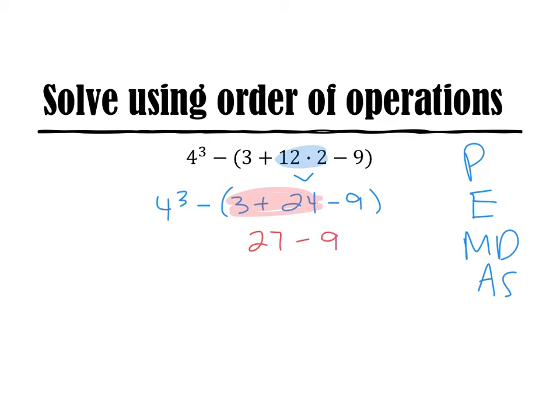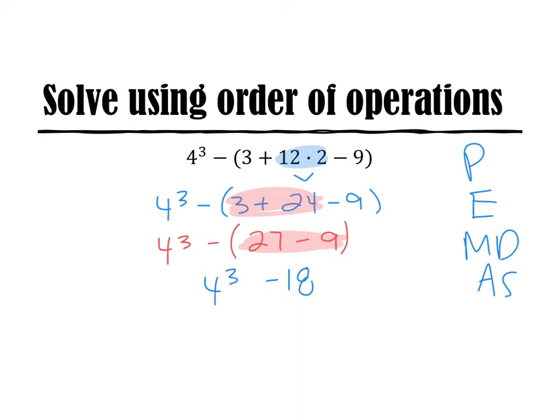We're going to bring down everything else that we did not use. Okay, and the very next step would be to do our subtraction here. 27 minus 9, which is going to give us 18. And we can drop our parentheses now because we've made it all the way down to just a single number.